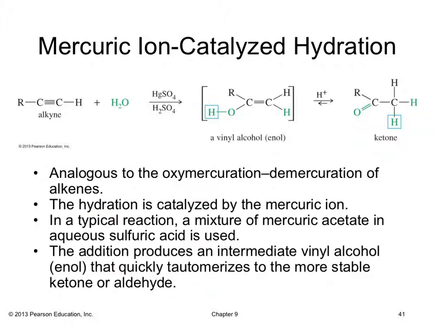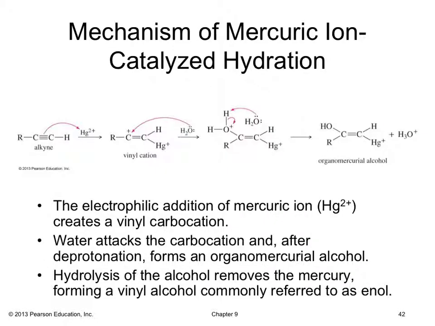Hydration is catalyzed by this mercuric ion, and a mixture of mercuric acetate and aqueous sulfuric acid is used. You generate the vinyl alcohol or the enol, which tautomerizes to form the ketone or aldehyde. So starting with the alkyne, your source of electrons will react with the mercuric ion to form the vinyl carbocation, shown here.